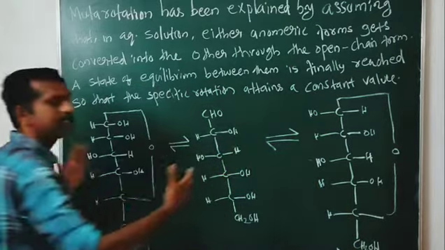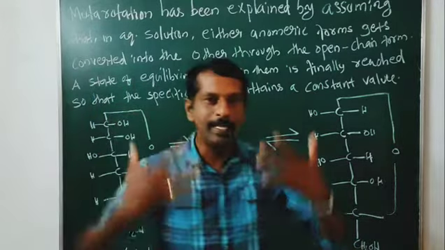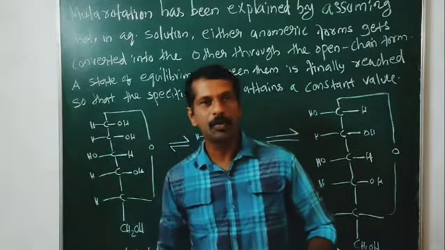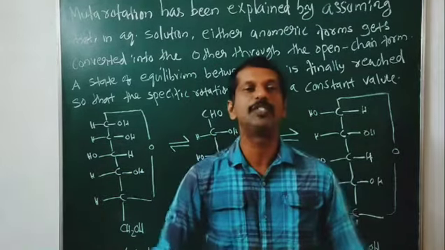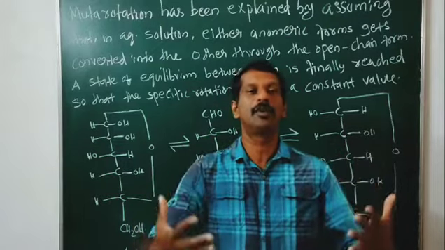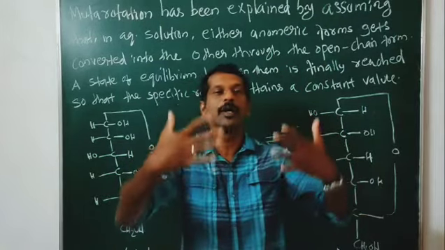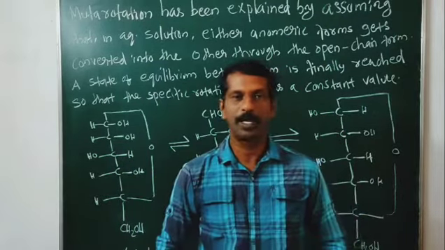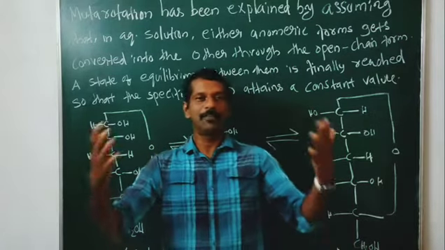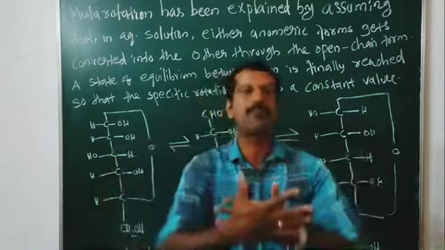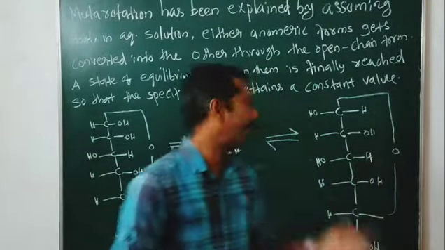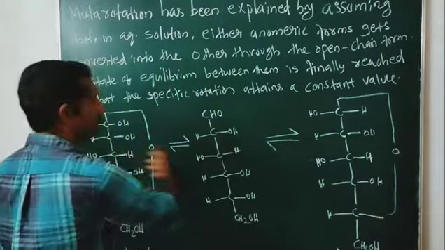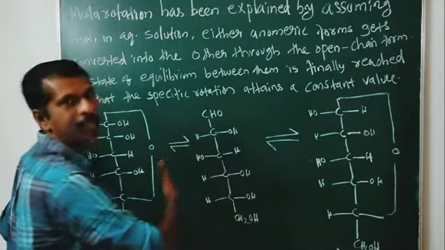That means there will be an equilibrium between alpha D glucose, beta D glucose and their open chain form when we dissolve the reducing sugar in water. Understood? There will be an equilibrium between these three forms: the two anomeric forms and their open chain form.